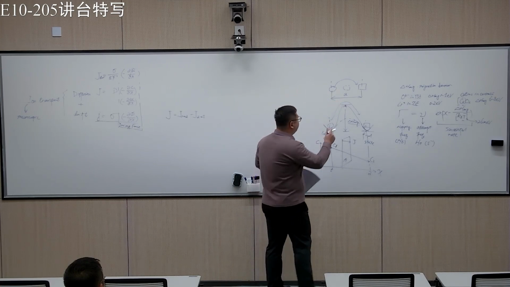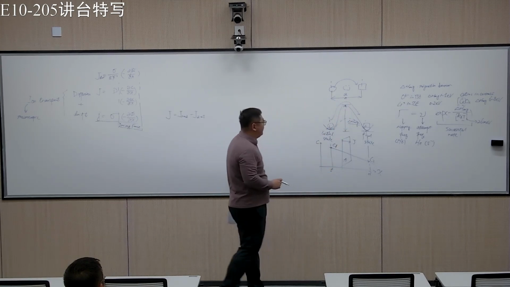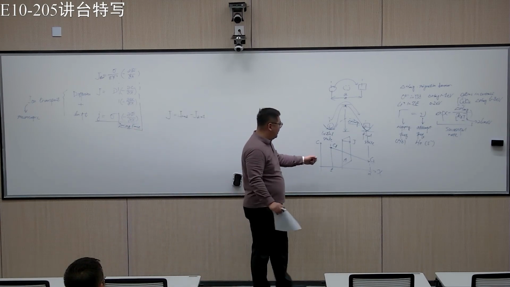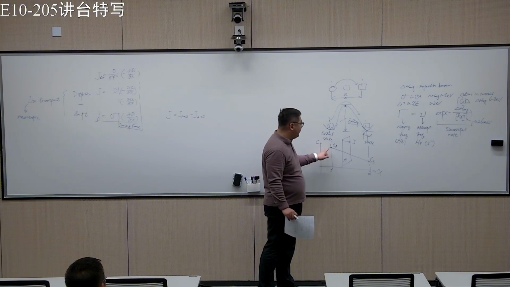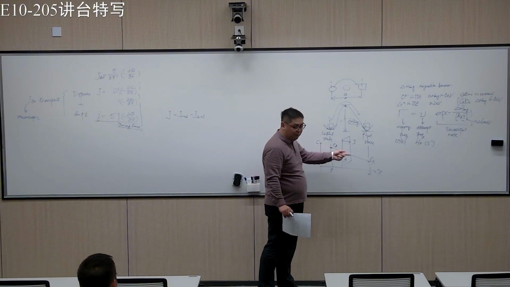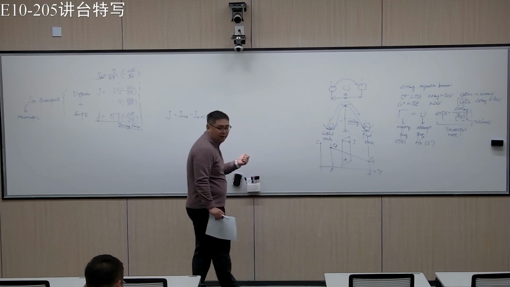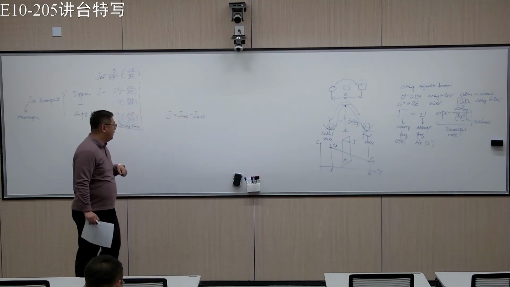Let's say the atomic distance is a. Then we are trying to count how many ions jump from position 1 to 2, and how many ions jump from 2 to 1. If we know these two, then we can calculate the net flux.